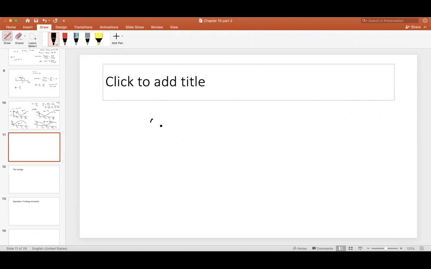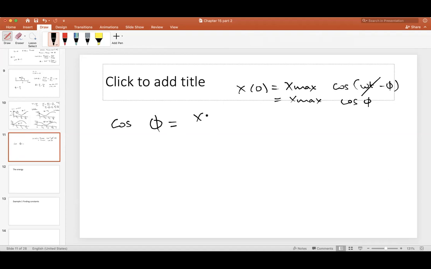is to find phi, you calculate when t is 0 that x is x max cosine of omega t minus phi, and you say that that's x naught, right? So this is x max cosine of phi. But you can tell, since cosine of phi is x naught over x max, you can tell right away if the object starts at positive x max, right?